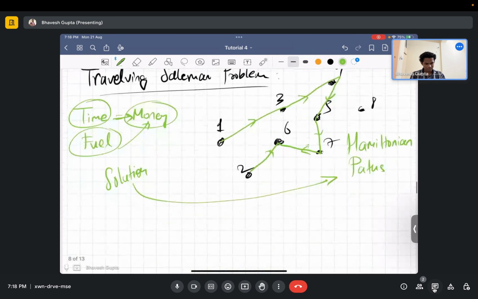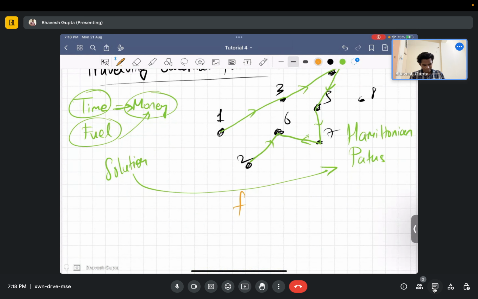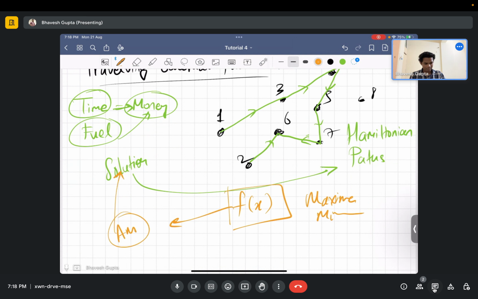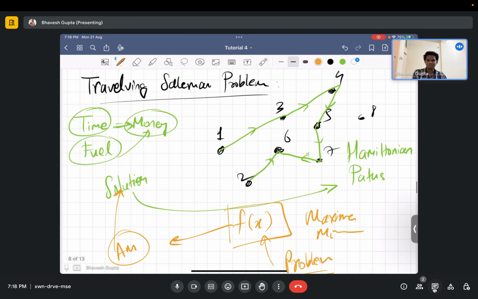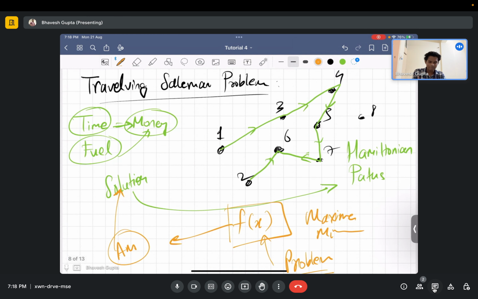When you try to solve this optimization problem, you come up with a function f(x) where you do your maximum, minimum business. Then you come up with an answer, and that solution is basically the same. So this is your problem over here. This is what I'm trying to say: the basic idea of optimization.